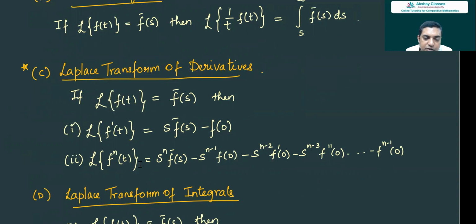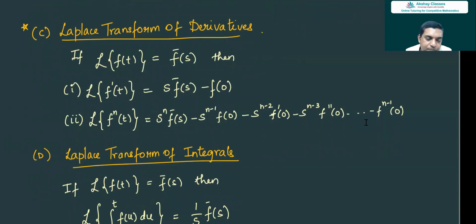The nth derivative's Laplace transform is s power n times the Laplace transform of f, minus s power n minus 1 times f at 0, then differentiated and substituted 0, then second differentiation, substitute 0.